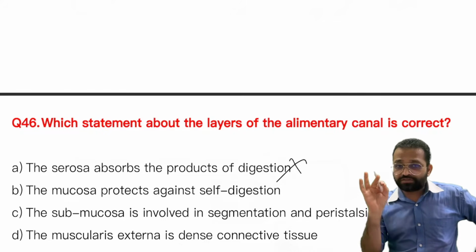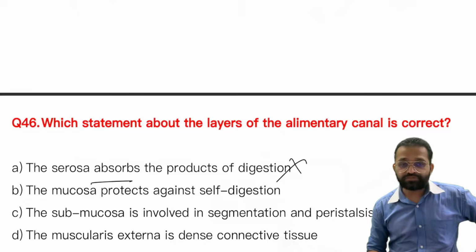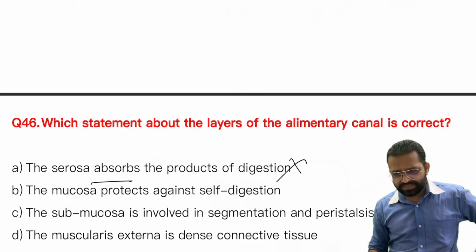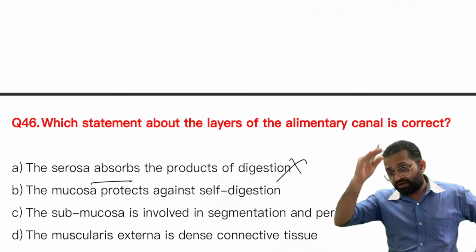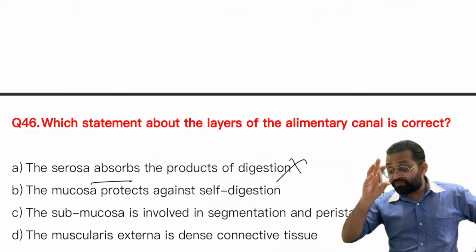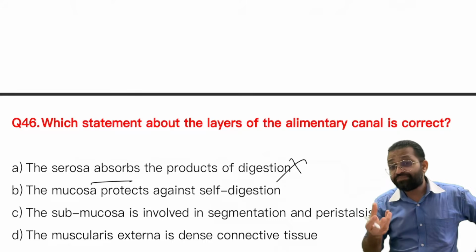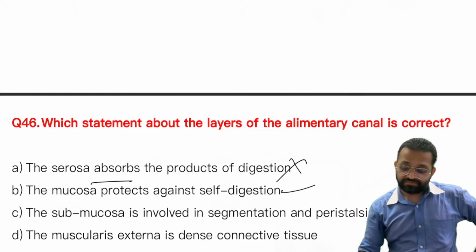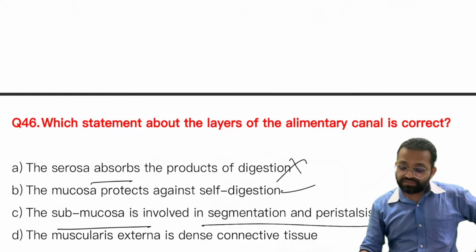That is not responsible for the absorption. Mucosa protects against self-digestion. Yes, there is a layer of mucosa which is preventing the digestion of the GIT by the GIT secretion. Yes, it is right.